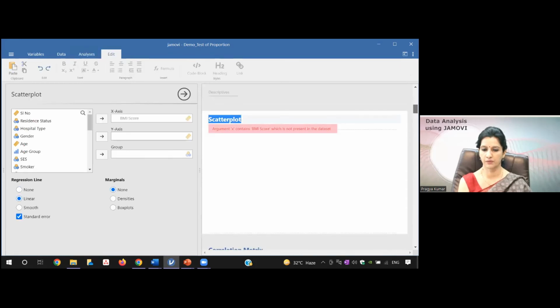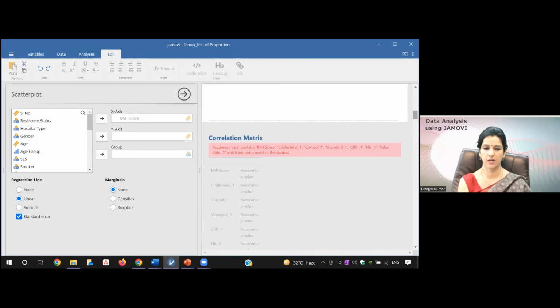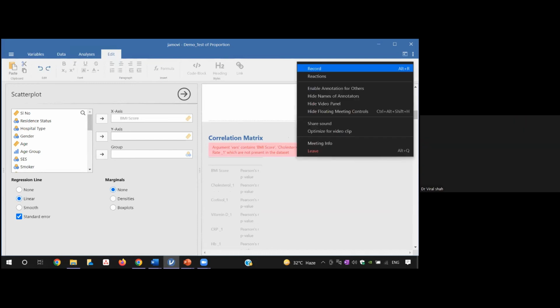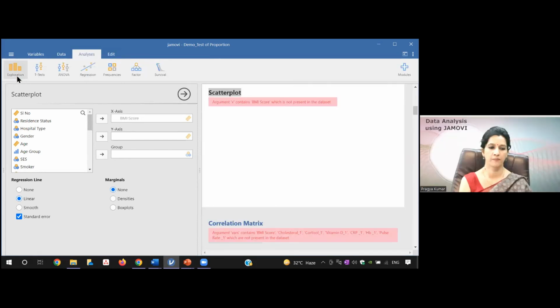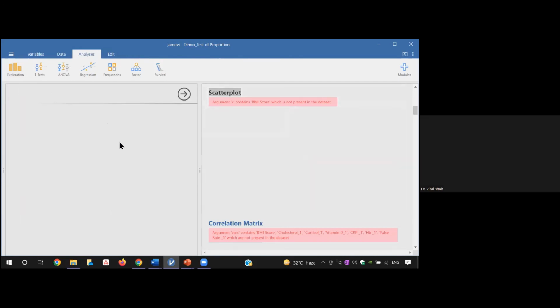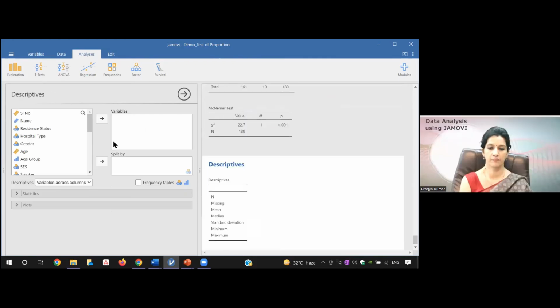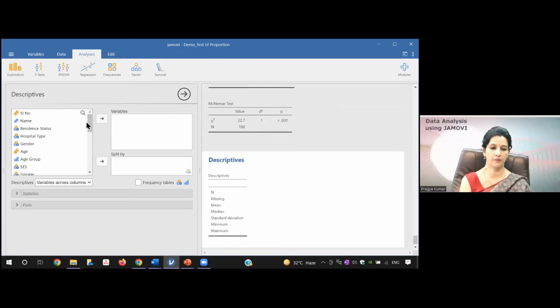No. Let me see. So I'll go again to this exploration, and in exploration, I'll go to the descriptive. In descriptive, maybe I may shift some of the variables just to show the box plot.